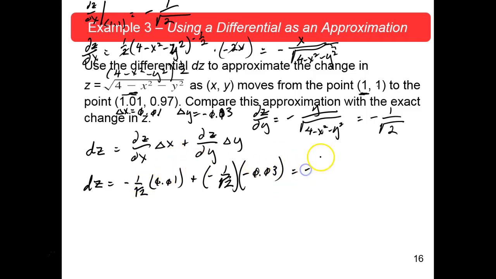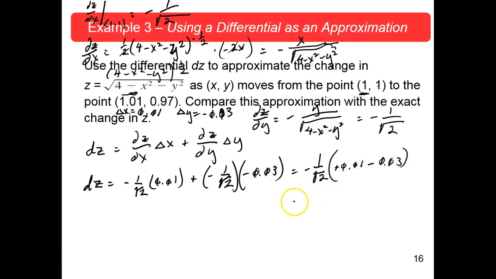You could just pull out the minus 1 over root 2, and then you have 0.01 minus 0.03.